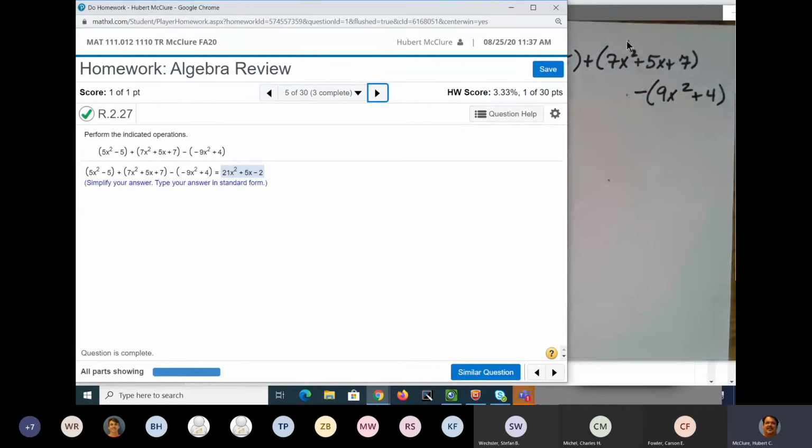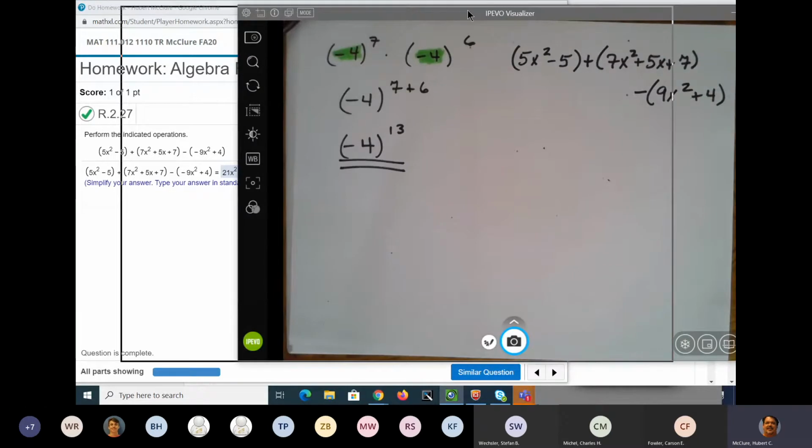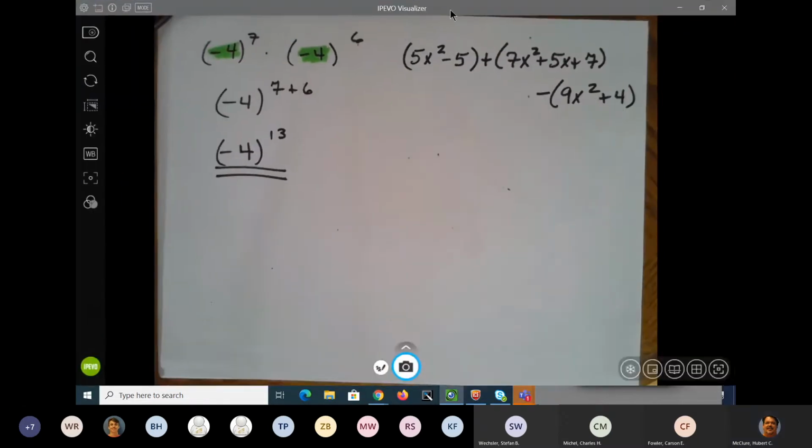Does anybody want to tell me what is the biggest problem for students on a problem like this? Anybody want to tell me where they think the biggest problem for students in general is on this type of problem?